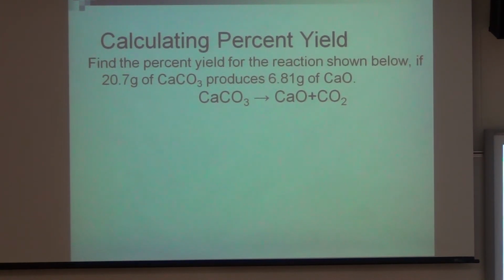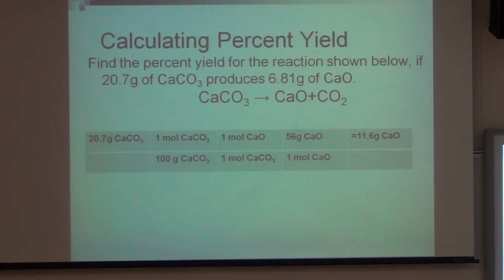So the first thing we do is the same stuff we've been doing. We're going to take our 20.7 grams of calcium carbonate. That's our starting point, and we want to figure out how much we would expect to produce in terms of our carbon dioxide. So we start with our 20.7, do our mass to mole conversion, and then our mole to mole conversion to get from calcium carbonate to calcium oxide.